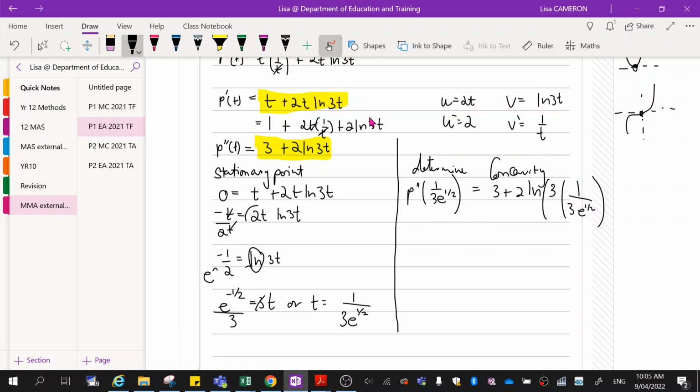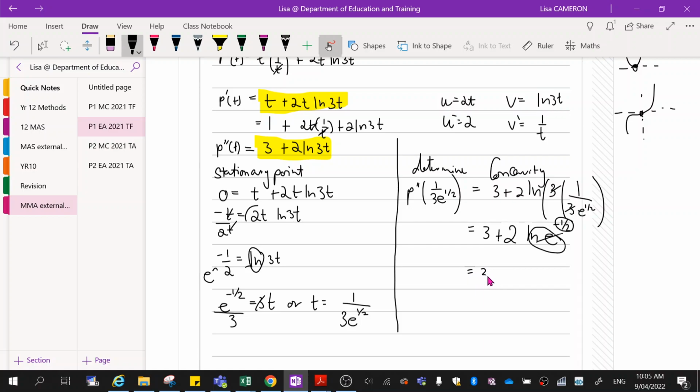Okay, so now we're going to start doing some fancy maths to flick this stuff around. So it'll still be 3 plus. Now this 3 can cancel out with that 3, so I'll have 2 ln. I'm going to convert this back to e to the power of negative a half here for a second. Now whenever you see this ln and then you've got e in here, that is going to cancel out and you're just left with whatever the power is.